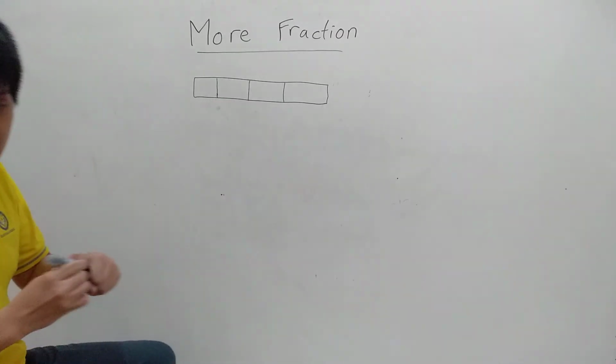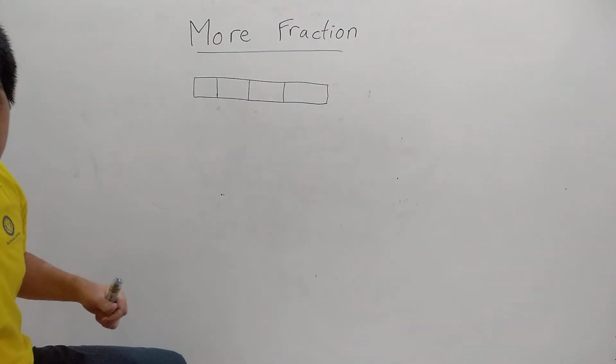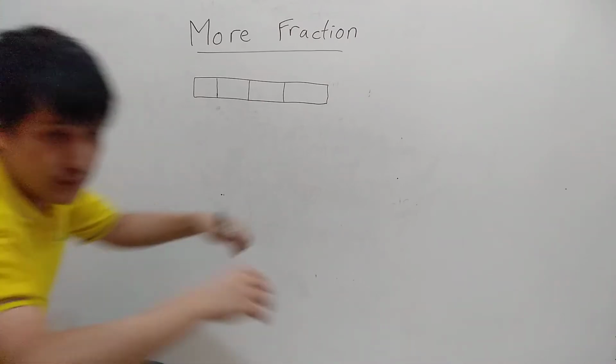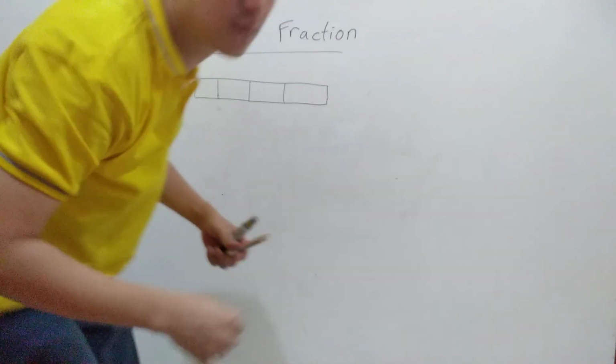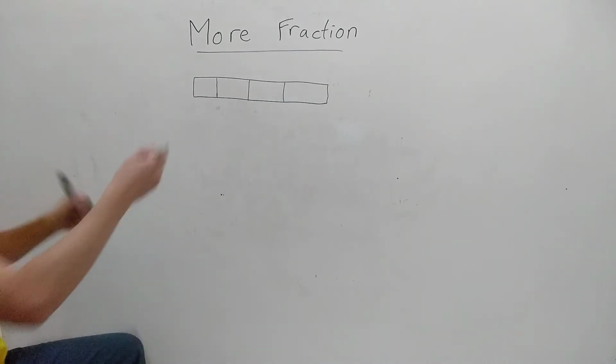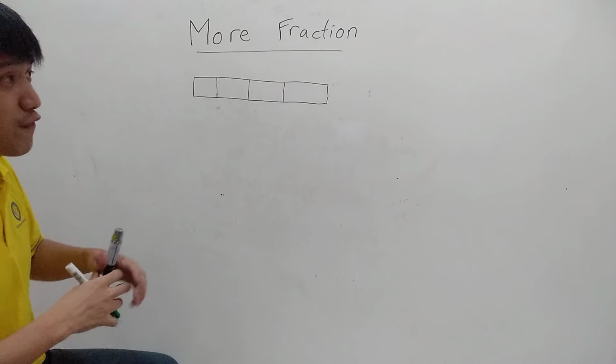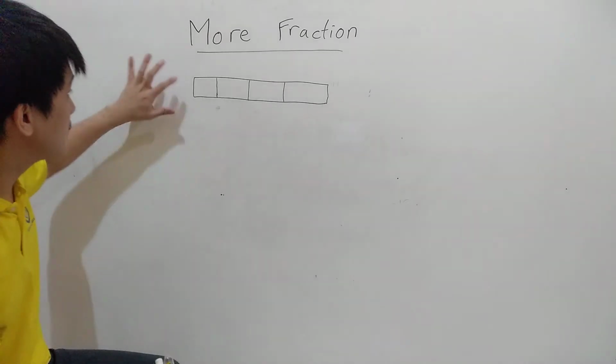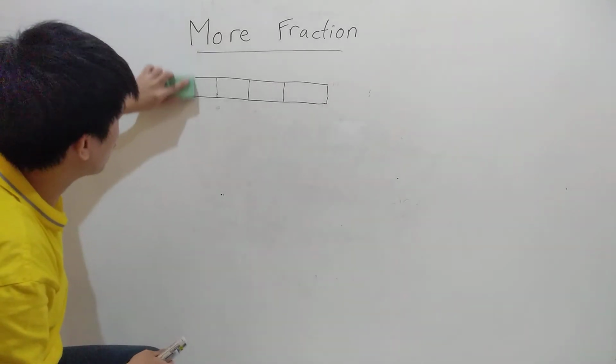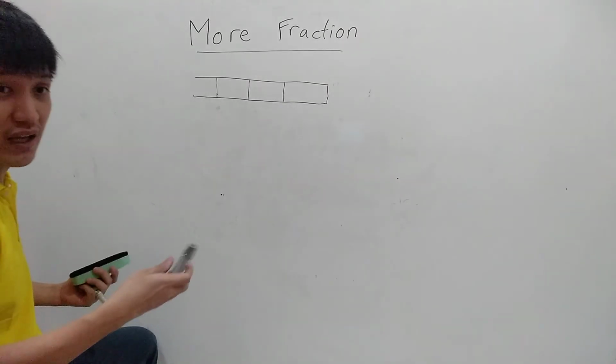I will color some part of it. Actually, remember, when you draw a fraction, it has to be equal parts. This one I don't think is really equal, so I will try to make it as equal as possible.